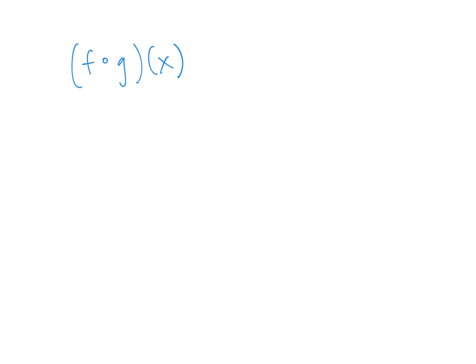Okay, f following g of x is f evaluated for g of x. So that means I'm going to plug g of x equaling x plus 4 into f. What does f do? It squares its input.